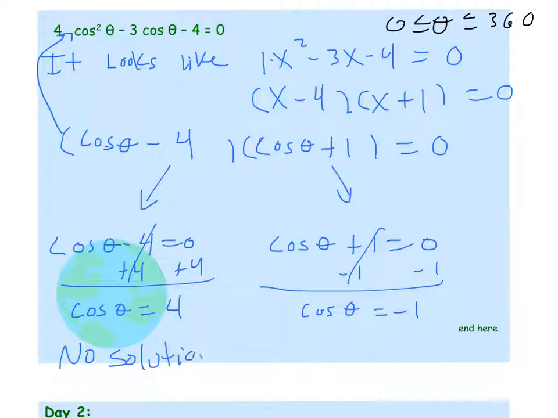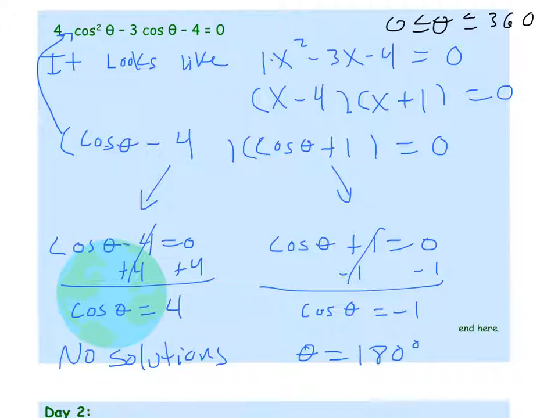We'll see examples where both factors do give us solutions, but it just works out on this one that the first one doesn't. Factor number 2 has been solved to be cosine of theta equals negative 1. Negative 1 does remind us of a cosine value on the unit circle. Cosine is negative 1 at 180 degrees, and here's a rare case.